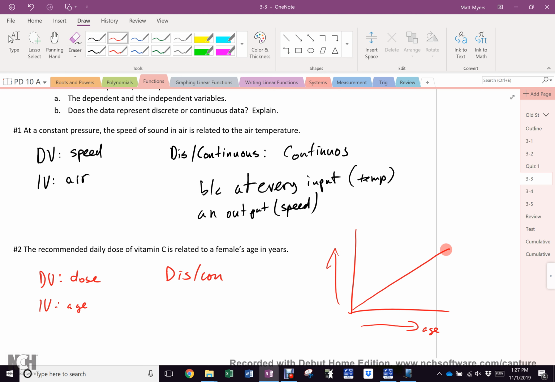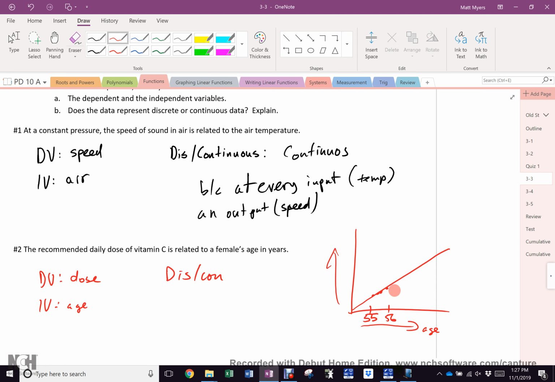No. Because the dosage is counted and age is counted in years, although we have an age continuously, this must be discrete. Because if I graphed it this way, at every fraction along here, I would be taking a different fraction of the pill. Is that the way it would be?